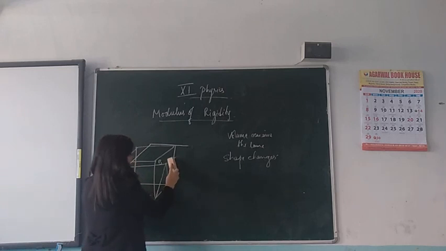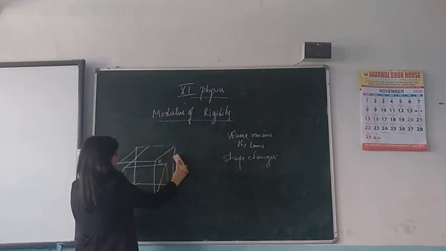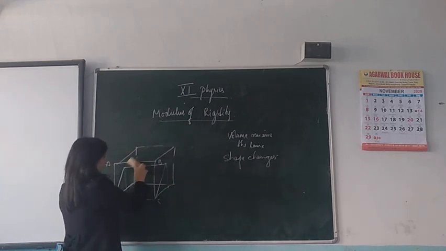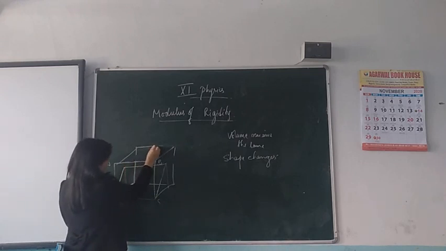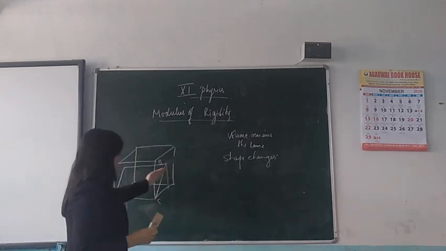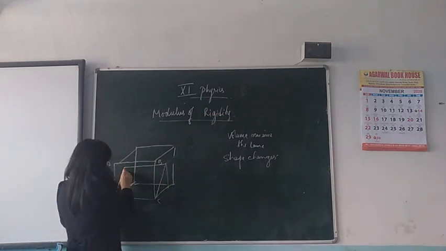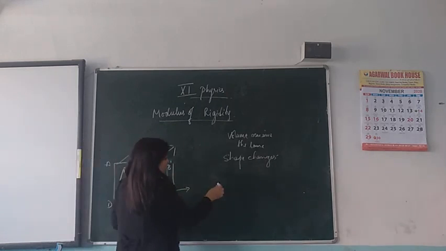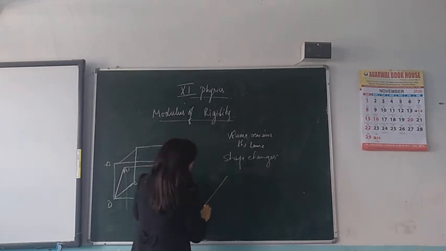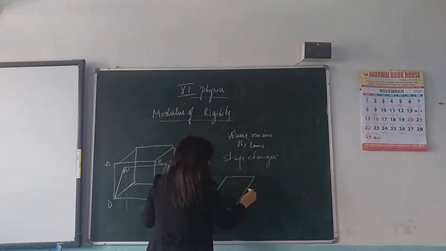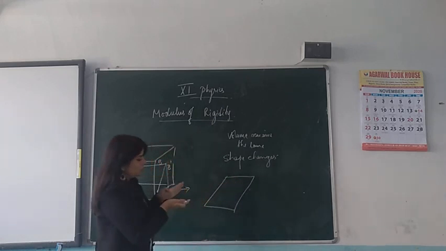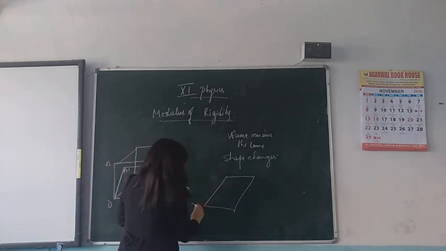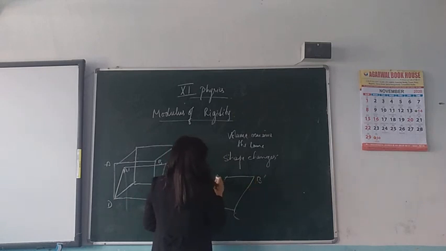If you look at the first face, only the upper surface is moving that side. Suppose this is A dash, this is B dash. I'll draw another diagram for this. If you apply a tangential force at the top surface, the first face will move like this. This is BC, this is B dash, this is A dash.